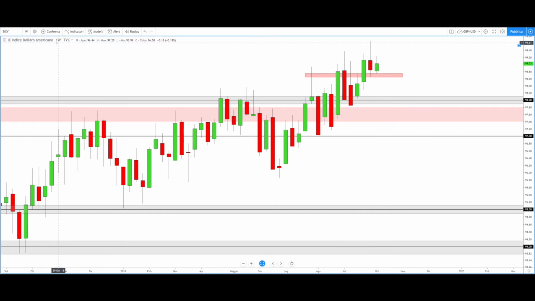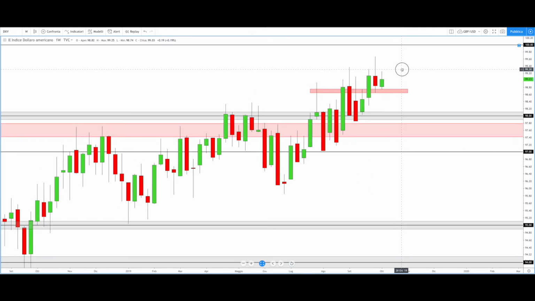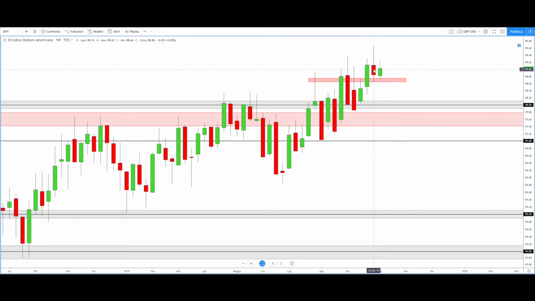We are on the weekly time frame here, and we can see that after this strong bullish break of 2 weeks ago, the last week the price has formed this clear bearish candle, a potential shooting star candle with a big upper shadows, and obviously this could be the first signal of a new bearish phase and a correction with target around this key level 98.